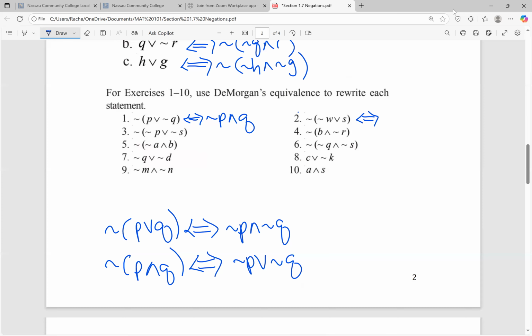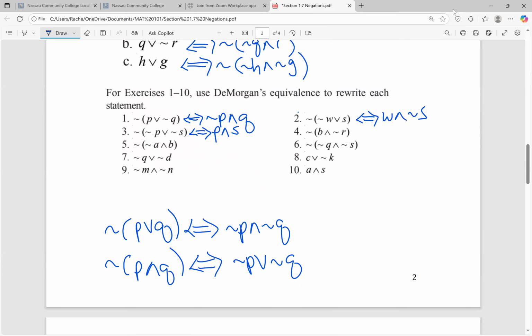So we're going to have a not W, which is W, or becomes and, then negate the S, so not S. So we end up with W and not S. Number 3, again, we're negating a disjunction. So we're going to have not P, which is P, or becomes and, then we have a not S, which is S. So P and S would be the equivalency.